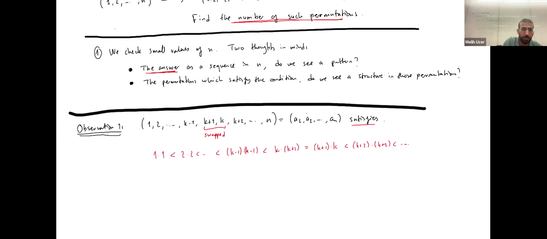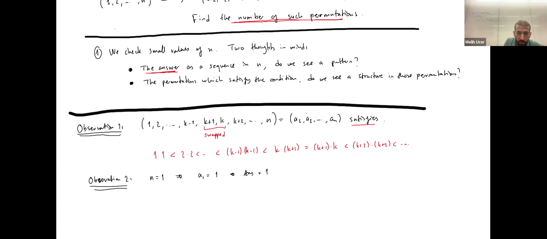Okay, so let's write this second observation, the Fibonacci observation. For n equals 1, the only permutation is, of course, this. So the answer is 1.